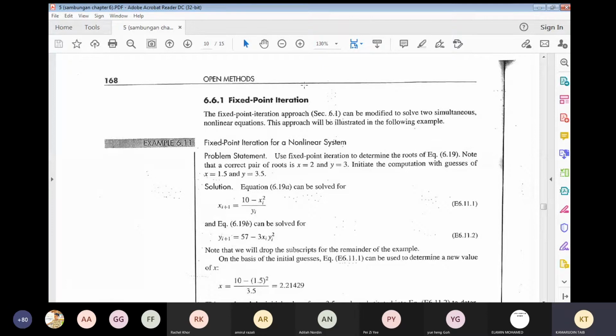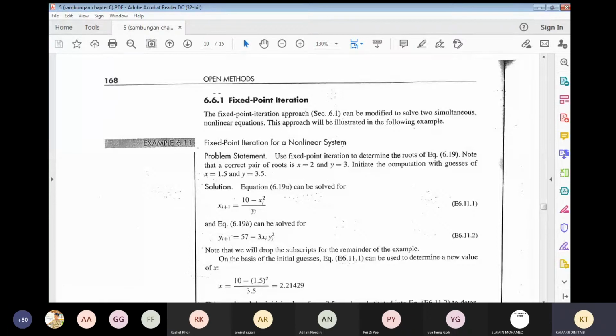The approach is similar to the fixed point iteration that we did before for a single non-simultaneous equation.